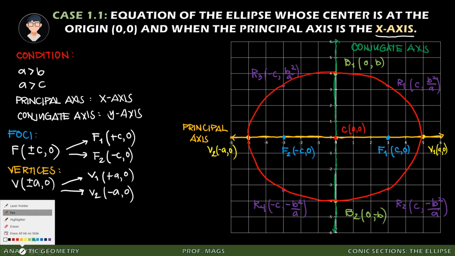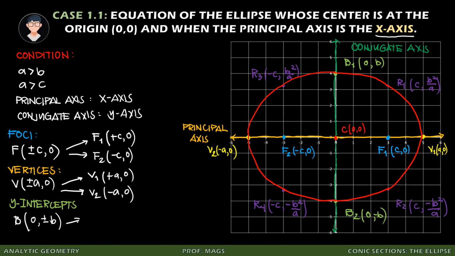Here we have our y-intercepts, which is capital letter B, with coordinates 0 and positive and negative b. It can be broken down into a single y-intercept: B sub 1 is 0 and positive b, and B sub 2 is 0 and negative b.